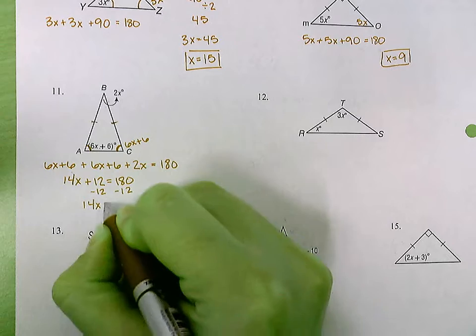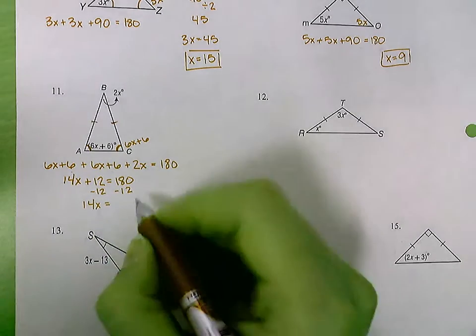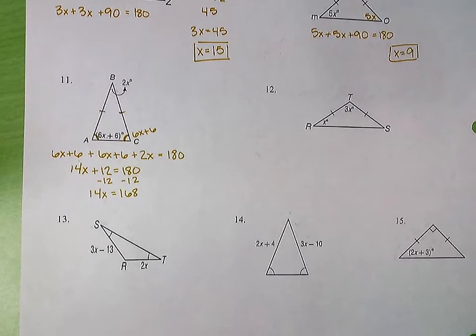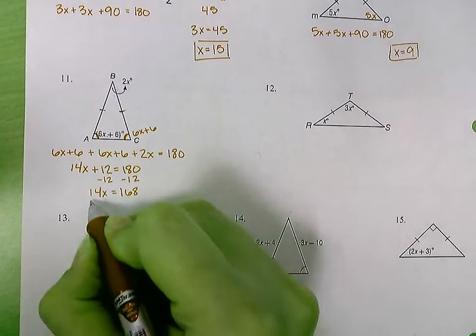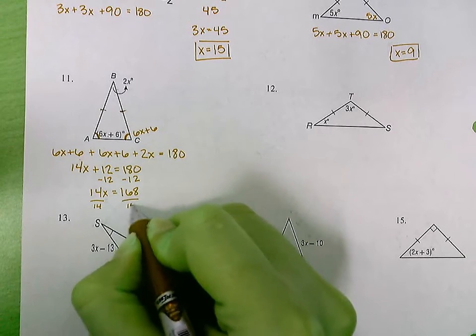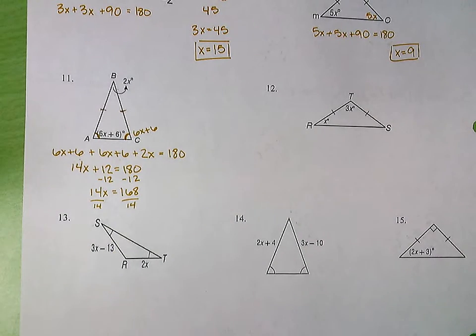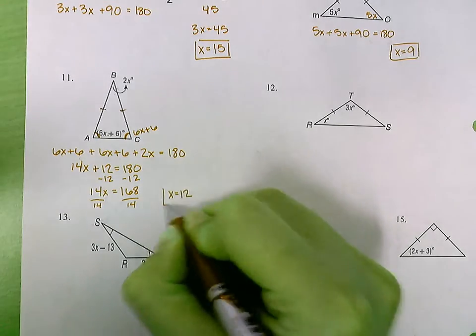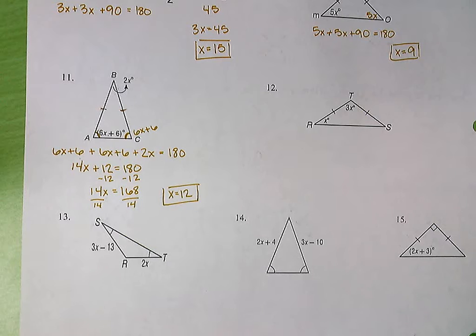We have 14x is equal to 168. Divide both sides by 14. You should get x is equal to 12. Any questions on 11? That one was slightly different than the other ones that we went through.